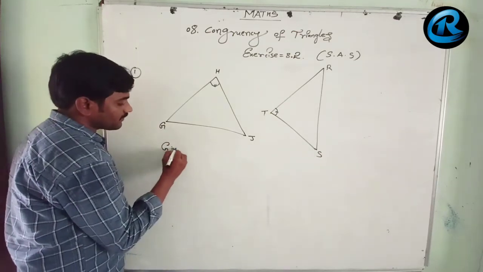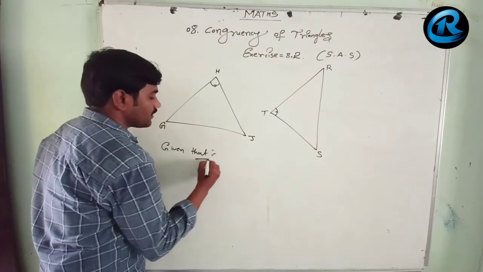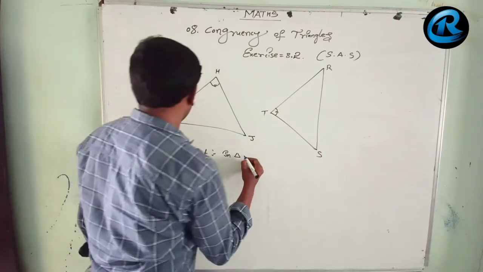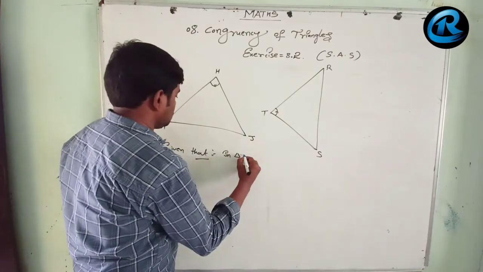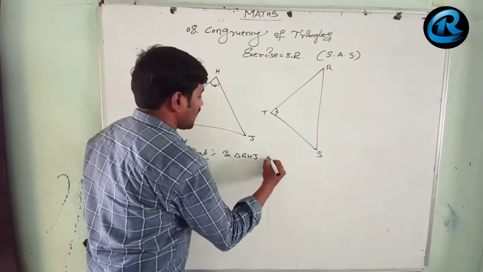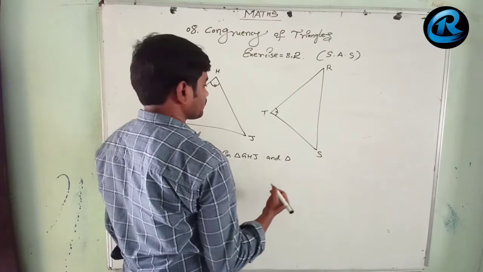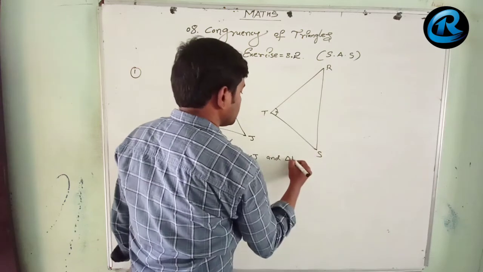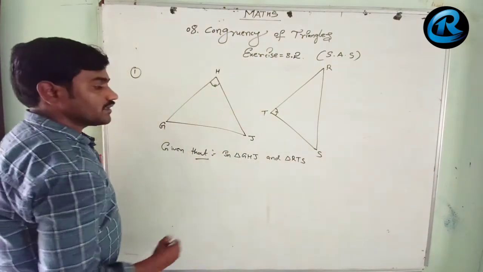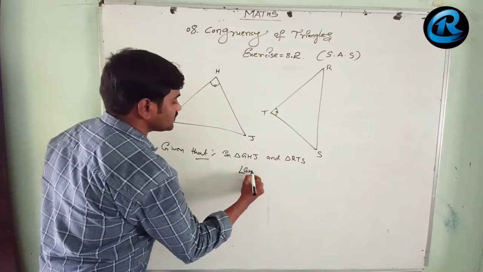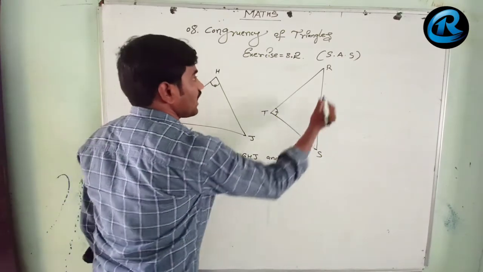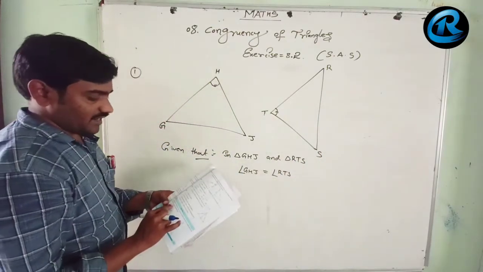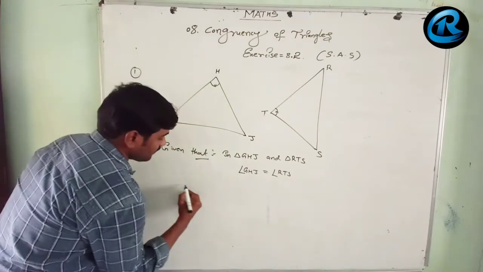Given that already, in triangle GHJ and in triangle RTS, angle GHJ is equal to angle RTS. These two are given. What additional information is required to prove?